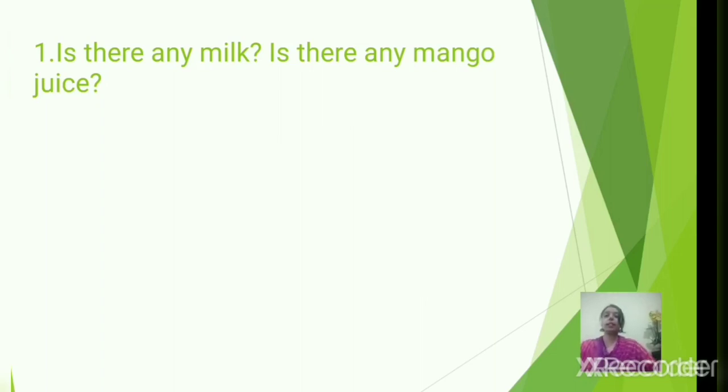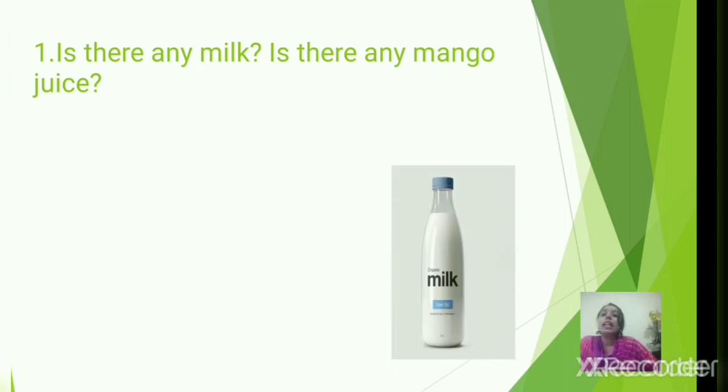Yes, students? Is there any milk? Is there any mango juice? You can see in the picture. Yes, students. There is a bottle of milk.